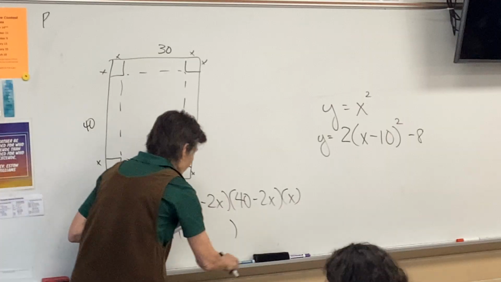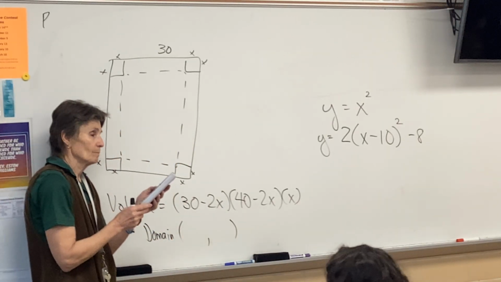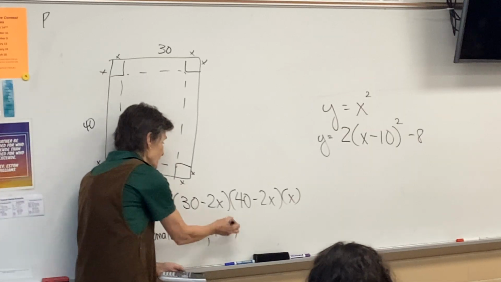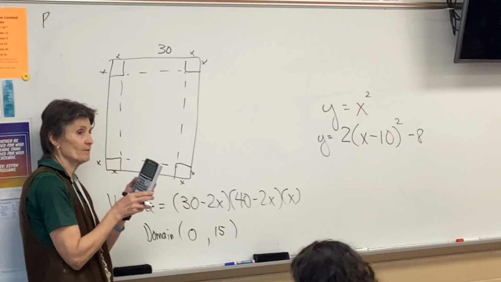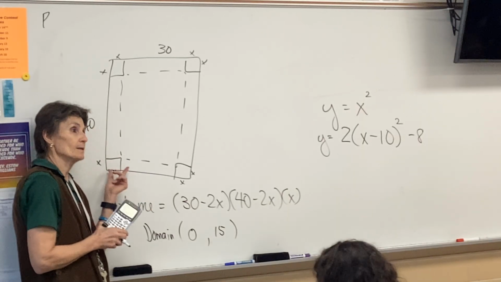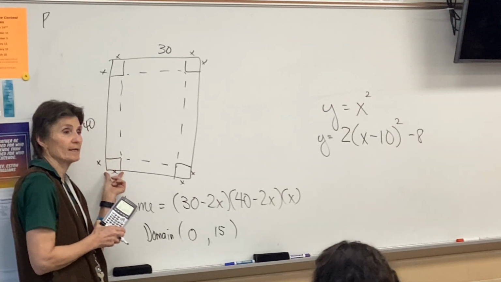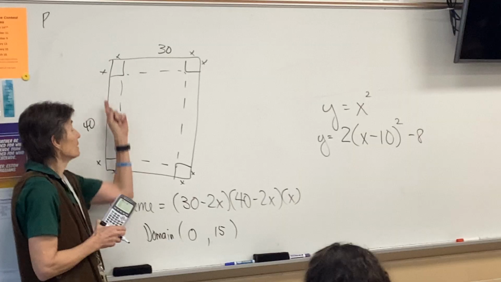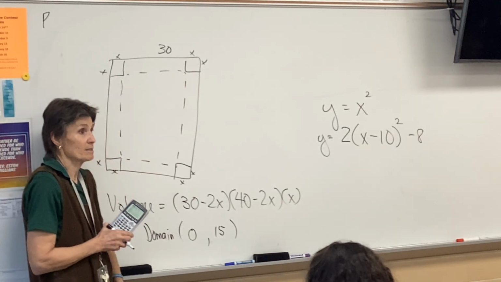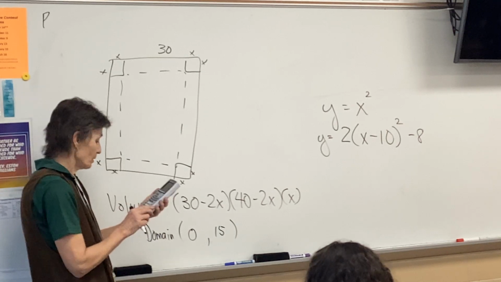But it's going to help me sketch it. 0 to 15. How did we get 0 to 15? Exactly. It can't be less than 0. You can't cut negative inches. And the most you could cut is half the smallest dimension, which is 15. So now I'm going to put in my equation.